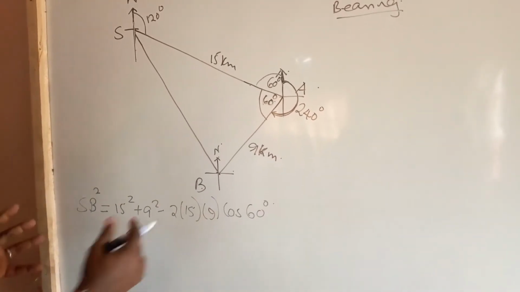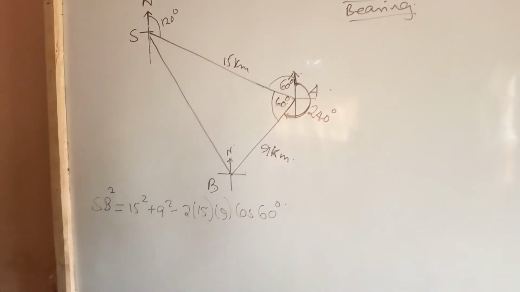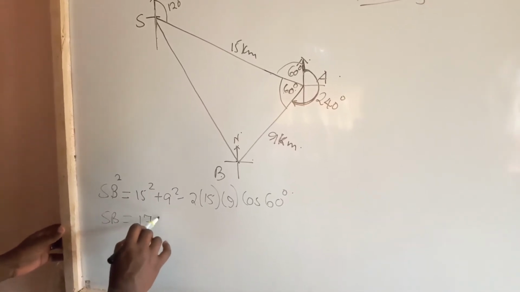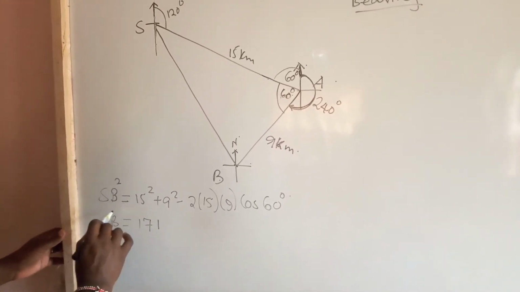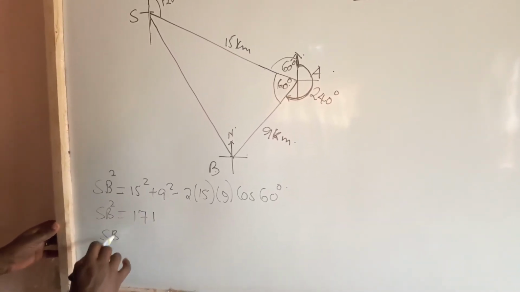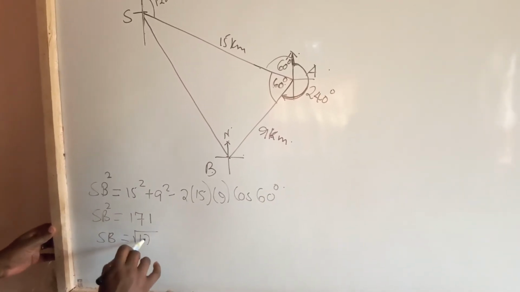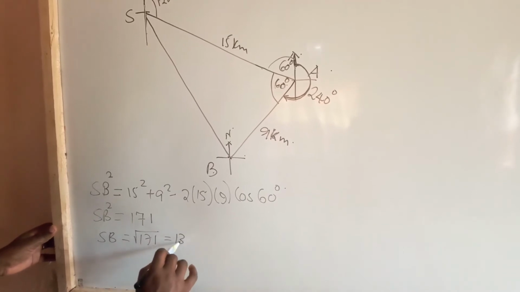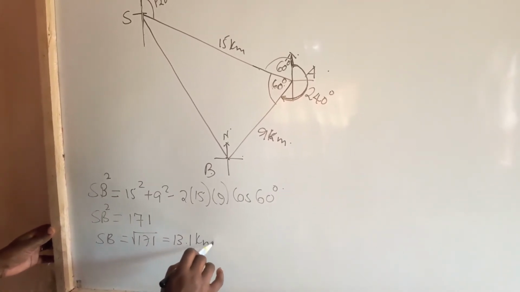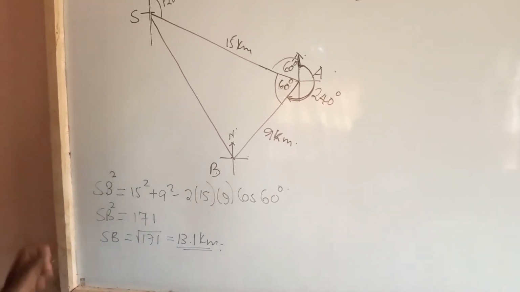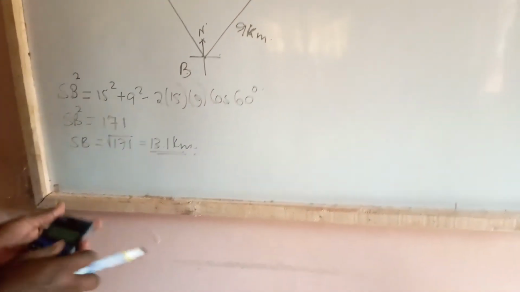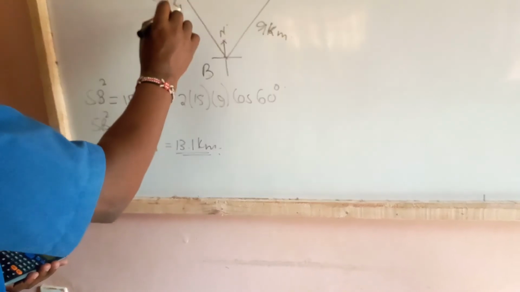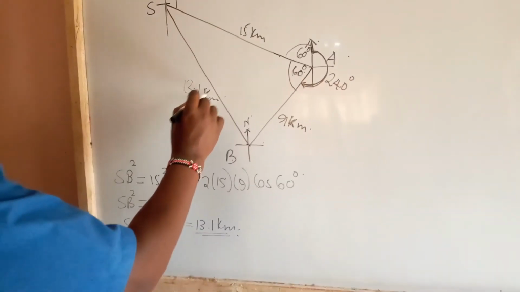If you use your calculator, you'll find that SB squared is 171. SB is the root of 171, which is around 13.1 kilometers.